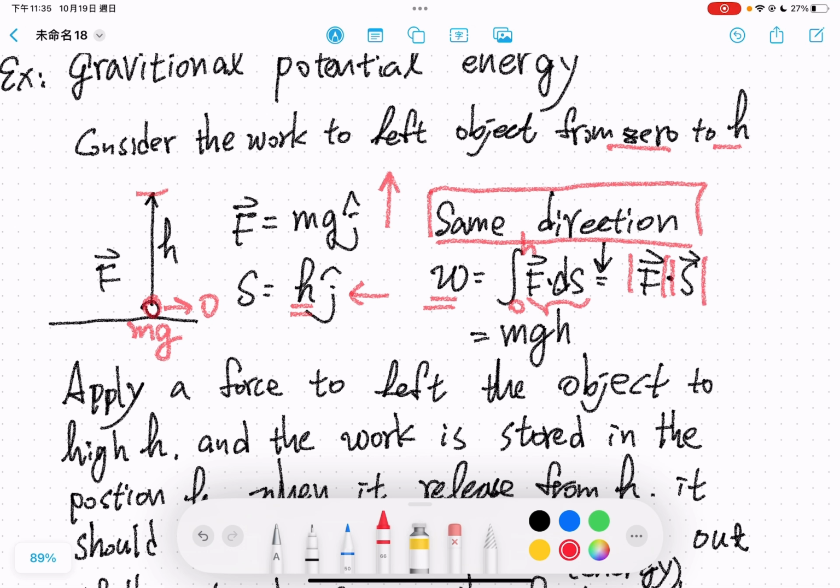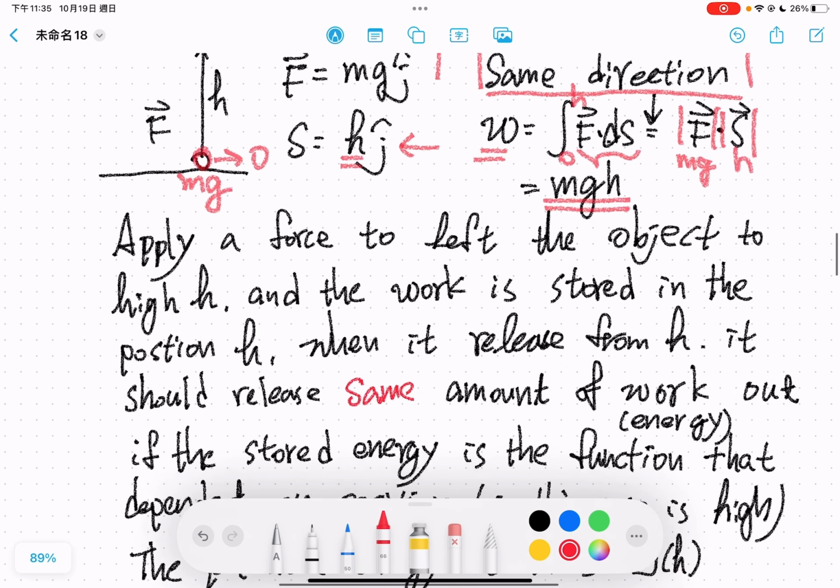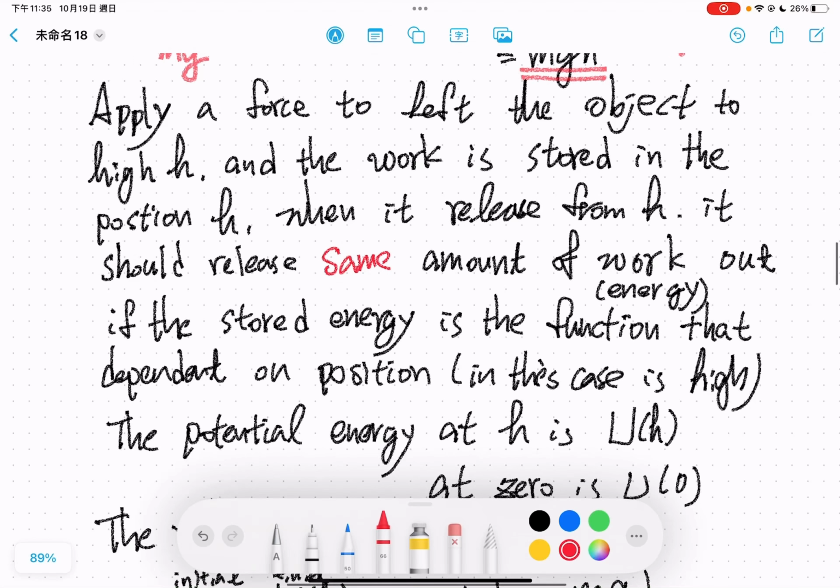So the force is mg and the displacement is h. So the final result is mgh. So we can apply the force to lift the object to the high edge. The work is stored in the position h.